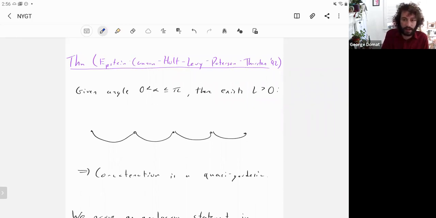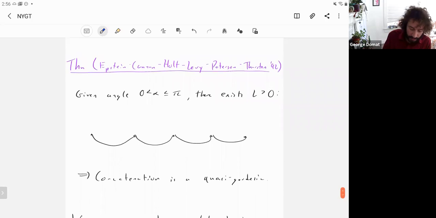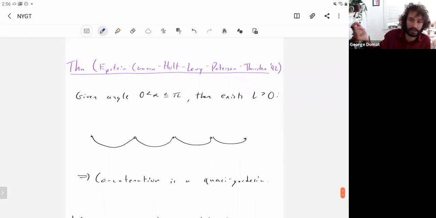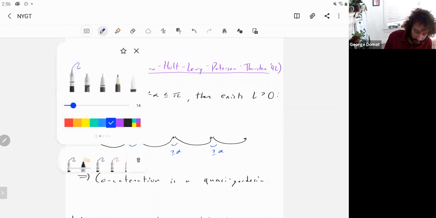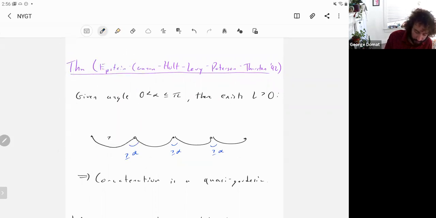If I hand you some angle alpha, then there exists some length L bigger than 0 such that if you have a concatenation of geodesics, where at each concatenation point you have a large angle bigger than alpha, then as long as the geodesic segments you started with are long enough, the concatenation is a quasi-geodesic.